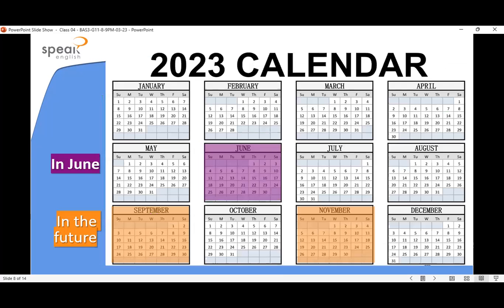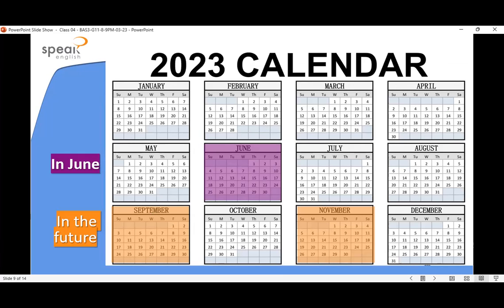Let's continue. Now, when we talk about information in general, you can also be a little bit less specific and you can just talk about the month. For example, in June, okay? June has many days, but I am not being specific. I'm just telling you the month.